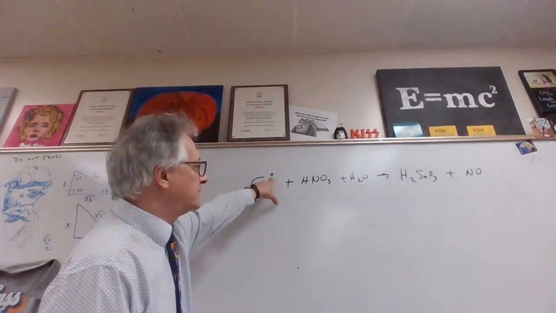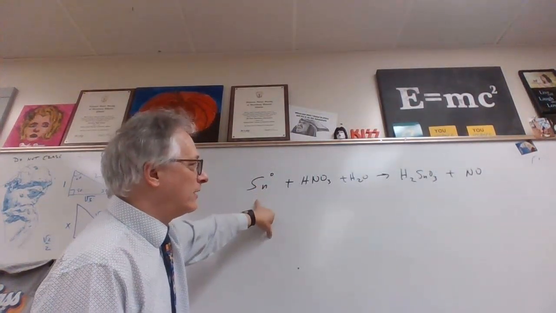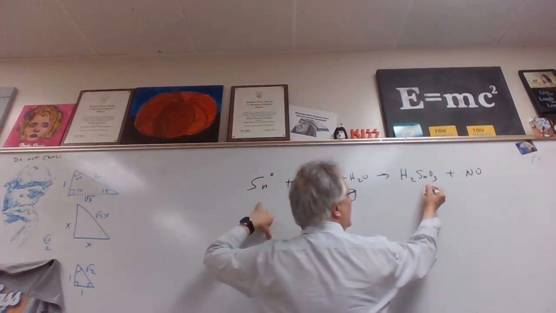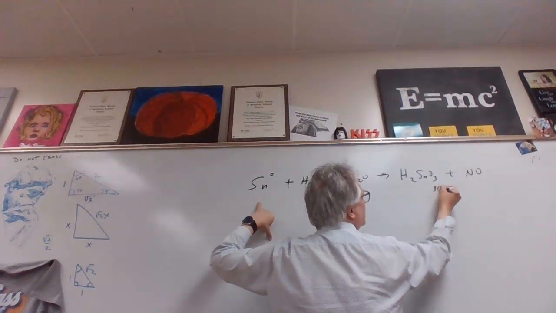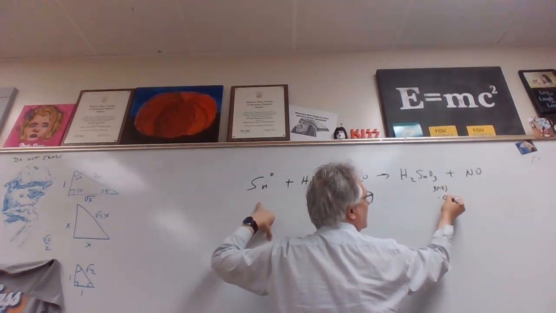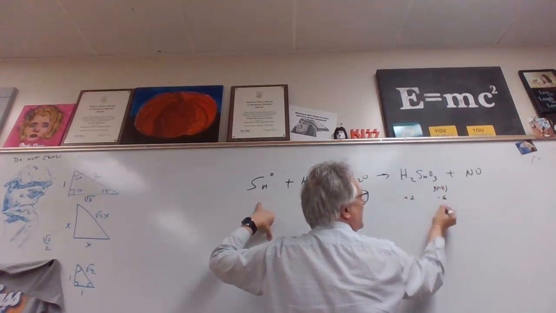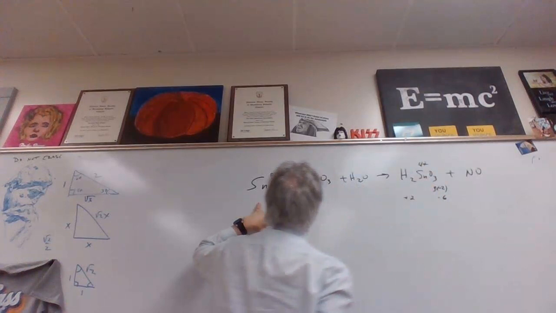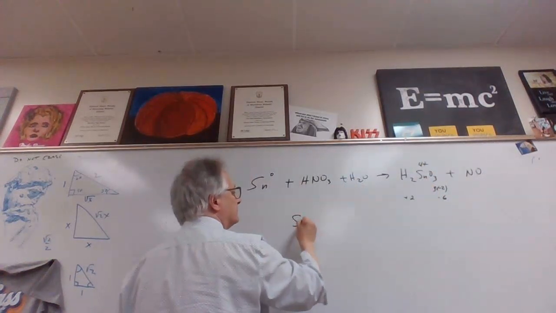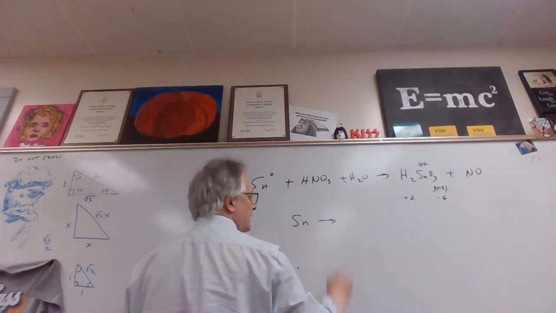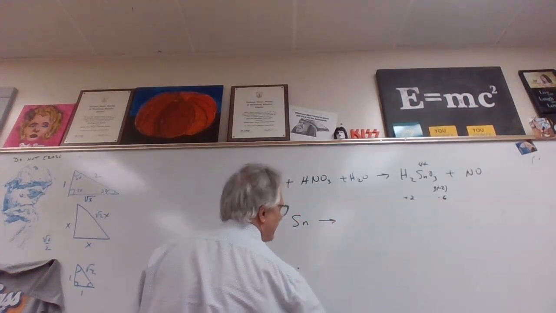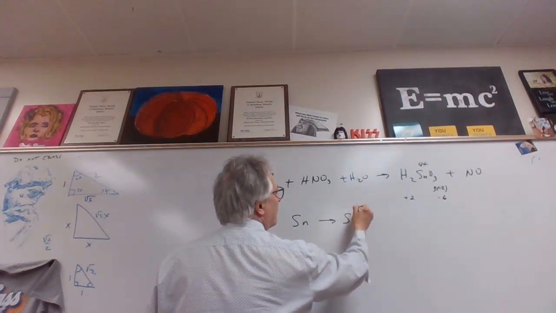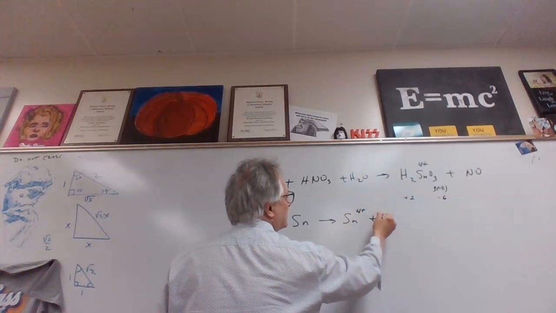Tin here, I wrote a little 0 above that because it's just a metal by itself. And over here I've got, well, let's take a look. 3 times minus 2 is minus 6. Plus 2, that's going to be minus 4, so this has to be 4. So I got my tin, and it's turning into tin 4 plus 4 electrons.